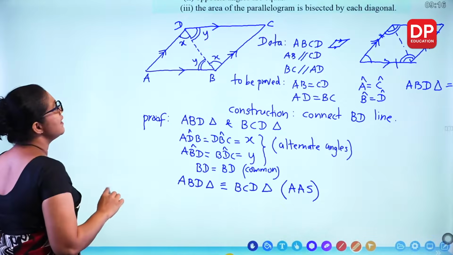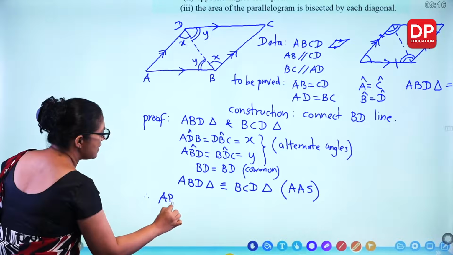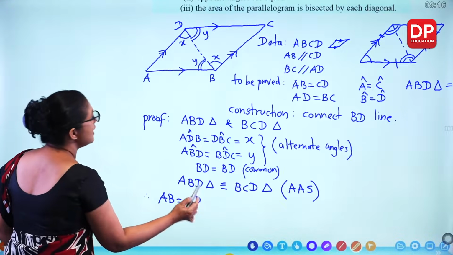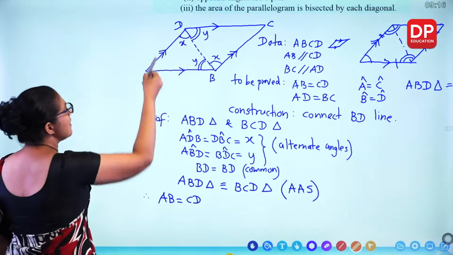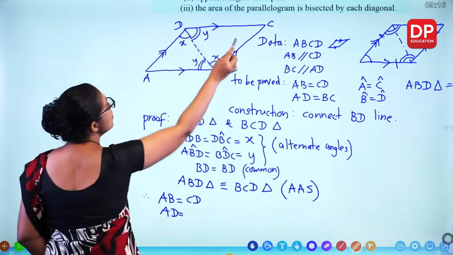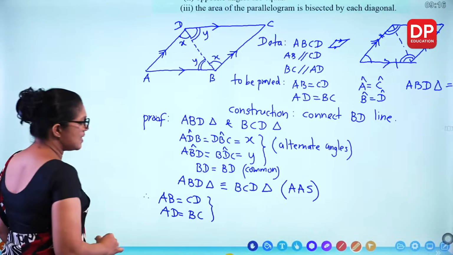That's CD. So AB is equal to CD. And the line opposite to Y, AD is equal to BC. What's the reason?